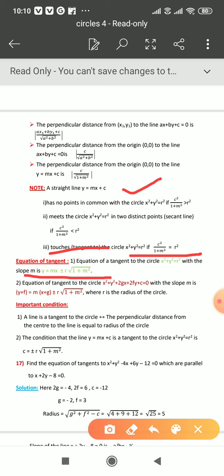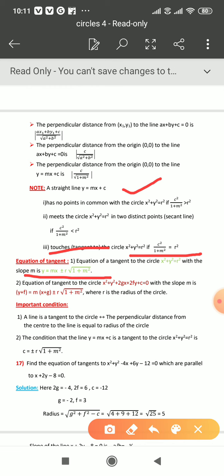This is the formula of a tangent with slope m if the circle is with center 0 0.